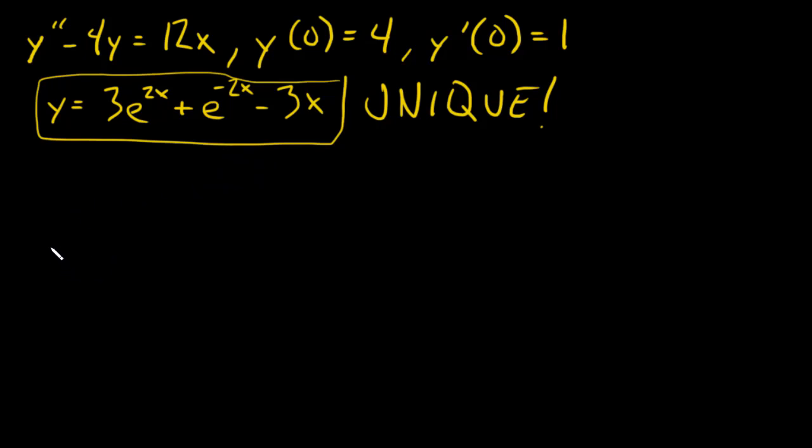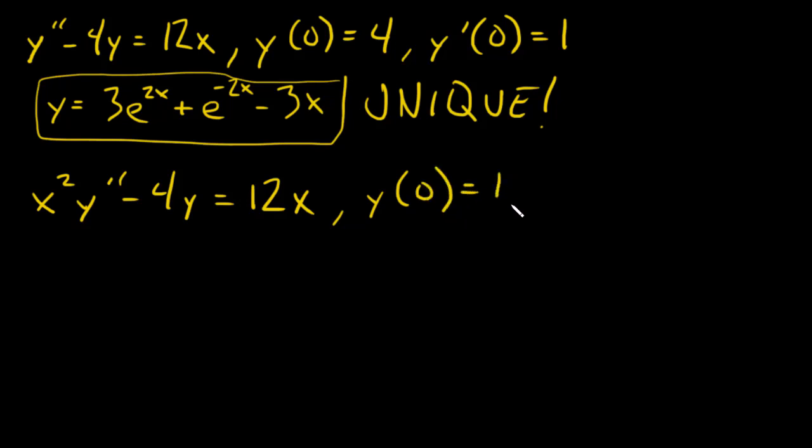But now that I've shown you this, what if I had done x squared y double prime minus 4y equals 12x? Okay? And I had the same, I don't know what this one would equal.